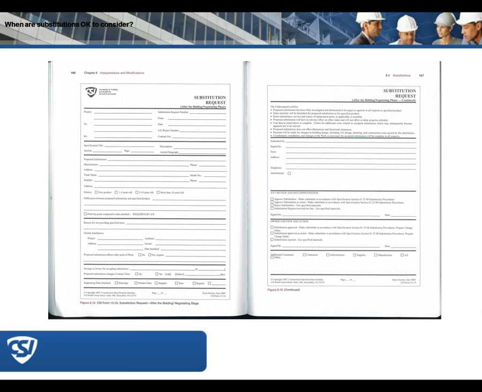First, that this proposed substitution has been fully investigated, that they have determined that it is equal or superior in all respects to the product that it's being compared against. Second, that the same warranty will be furnished as the specified product.